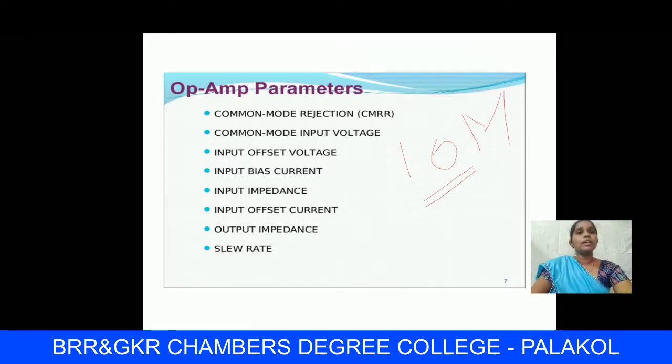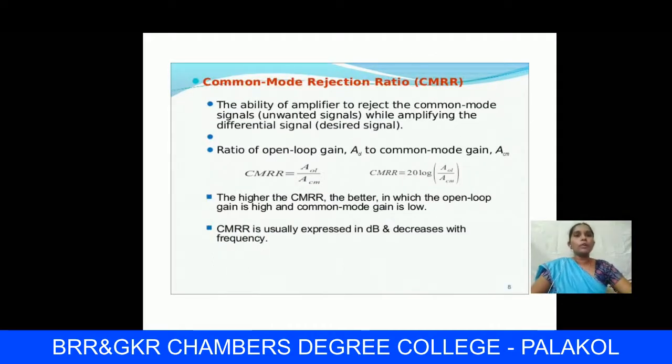First one is common mode rejection ratio. The common mode rejection ratio is nothing but the ratio between open loop gain and common mode gain. It is the ability of the amplifier to reject common mode signals, that means unwanted signals.